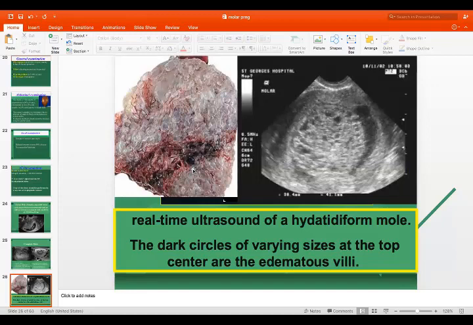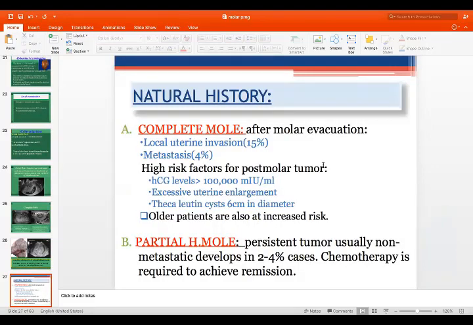This is a real-time ultrasound of a molar pregnancy. Now the natural history of complete mole after molar evacuation: local uterine invasion may occur in 50% of cases and metastasis in 4% of cases.